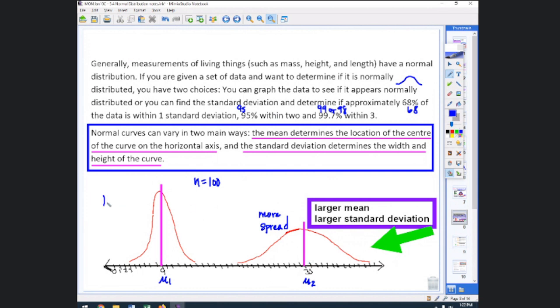This one has less spread because the data is tighter together in the graph. Okay, so we did talk about standard deviation before. So you might have to go back and do a little review on that to make sure it's fresh in your mind.